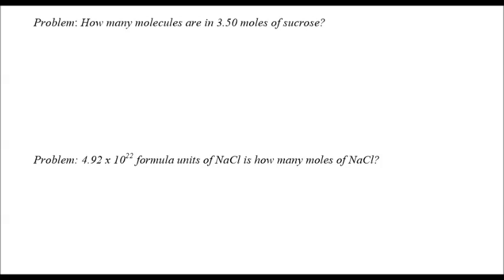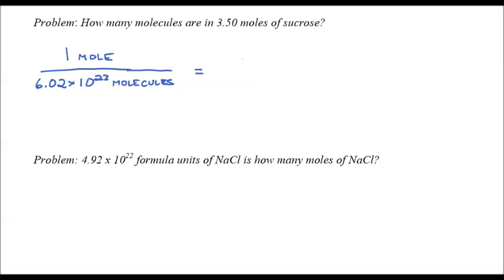So how many molecules are in 3.50 moles of sucrose? Well, if you have a mole, you will always have 6.02 times 10 to the 23rd, whether it's molecules, ions, atoms, books, bridges, chimneys, it doesn't matter. 1 mole is 6.02 times 10 to the 23rd.